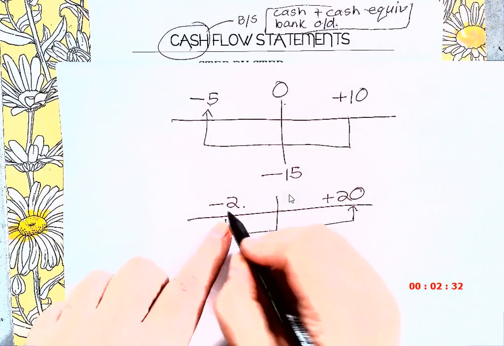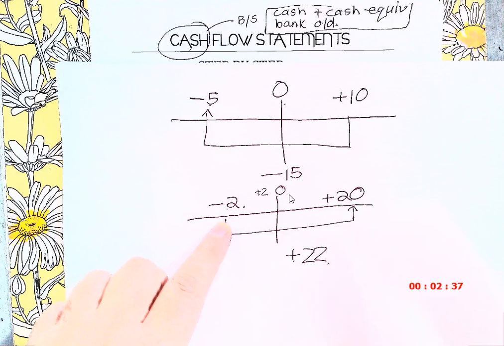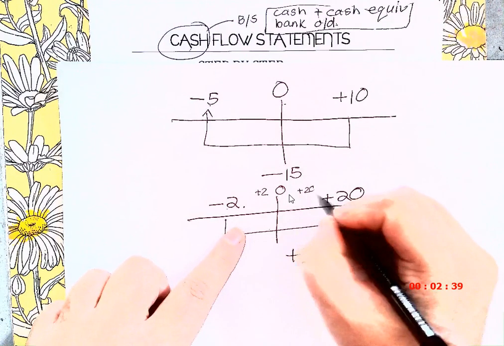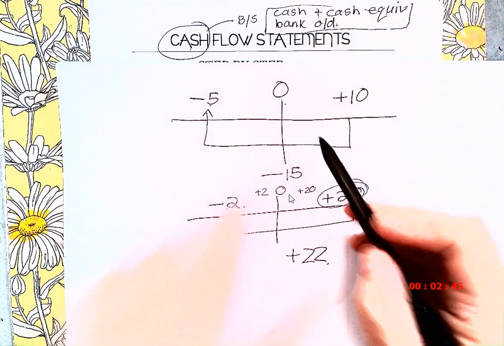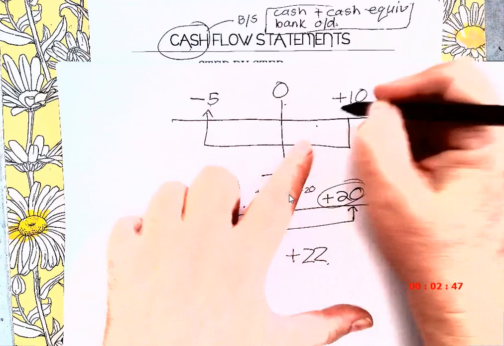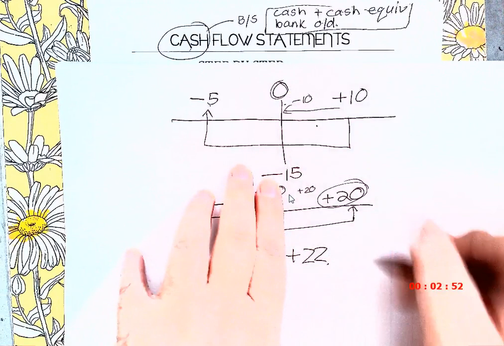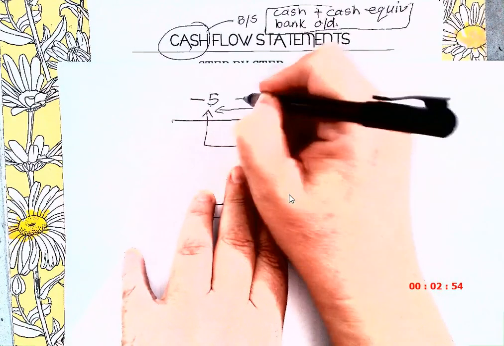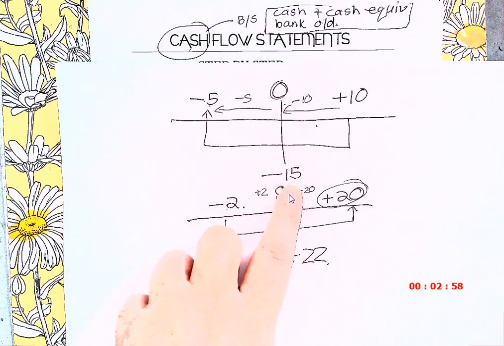I first had to put 2 Rand in to get to 0, and then I put in another 20 to get to plus 20. You guys get it? So if I look at this one, I spend 10 to get to 0, and then I spend another 5 to get to minus 5. That's why it's minus 15. Can you see what is happening and why bank overdraft is also part of my cash?